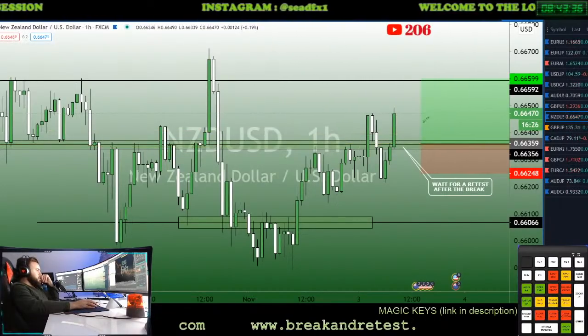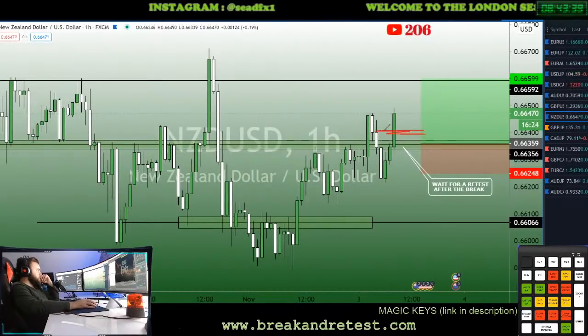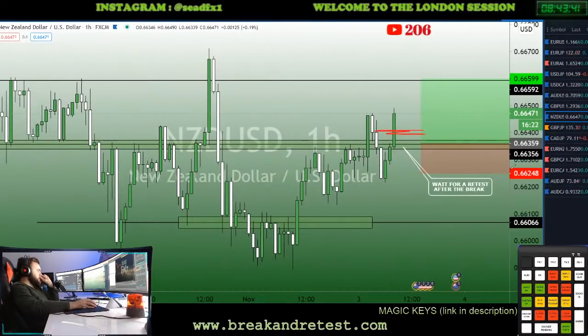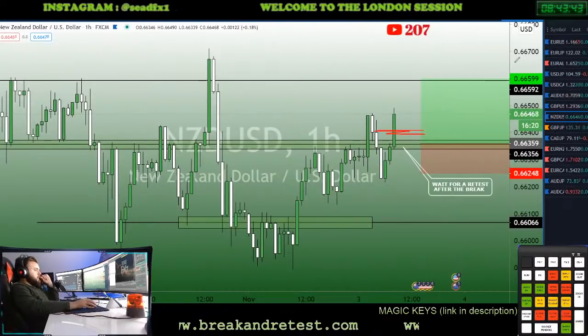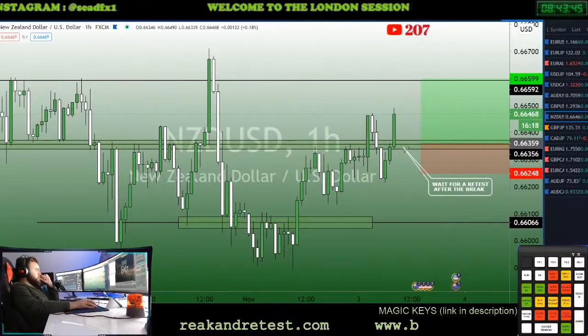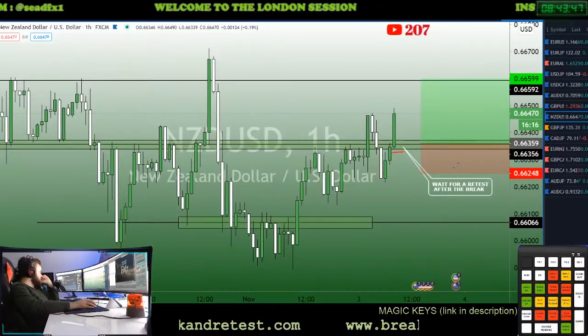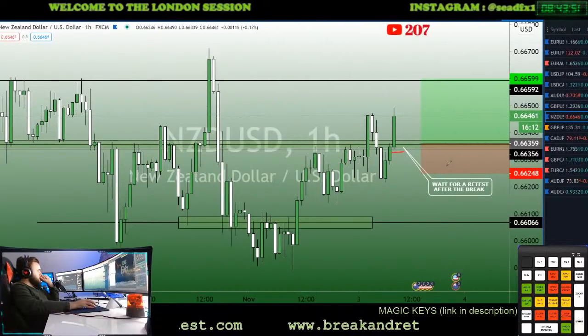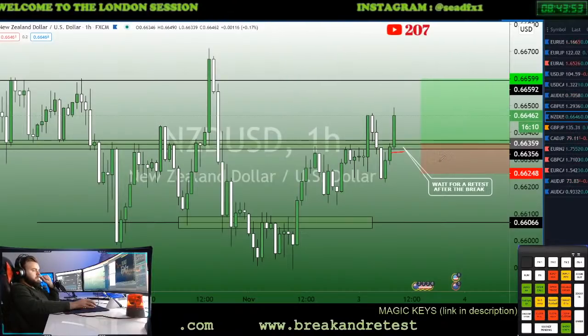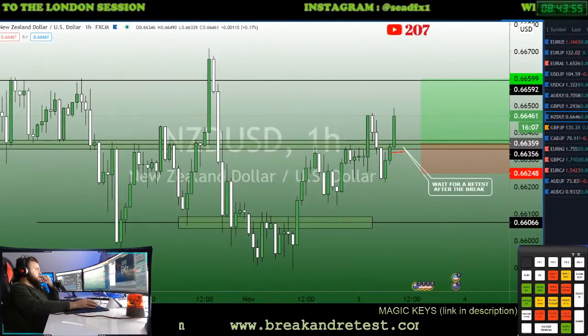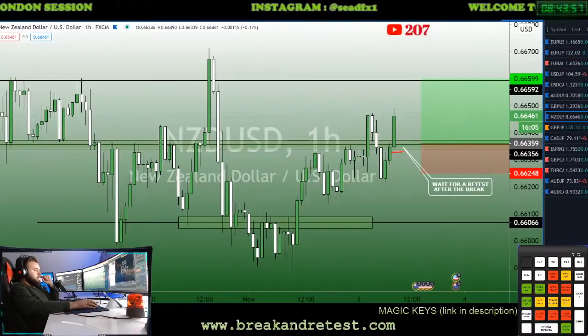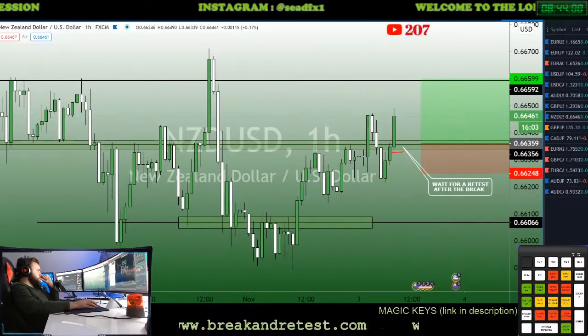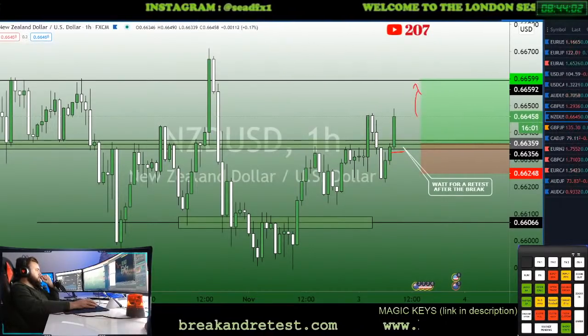So if this comes around here, maybe we should consider taking a trade there and putting our stop loss just below this. That's going to be a plan, but we'll see how it's going to go. We don't know yet if it's even gonna come for a retest. Maybe it's straight gonna push to the next zone.